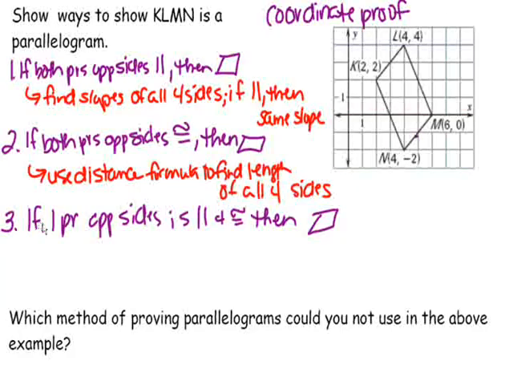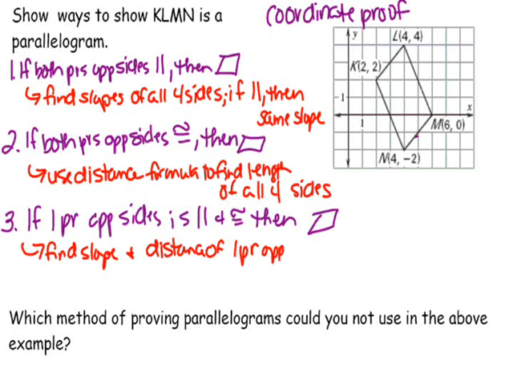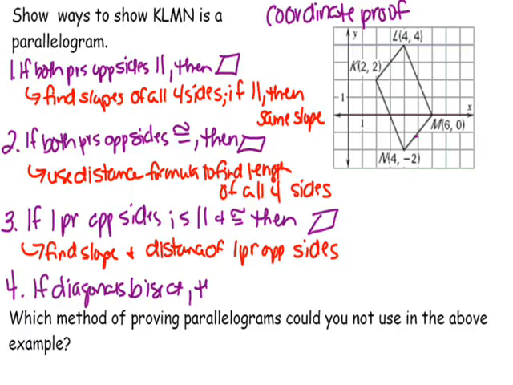Okay, and in order to do that, we would need to find slope and distance of one pair of opposite sides. All right, and there's one final method we can do on the coordinate plane, and that would be if diagonals bisect each other, then it's a parallelogram.